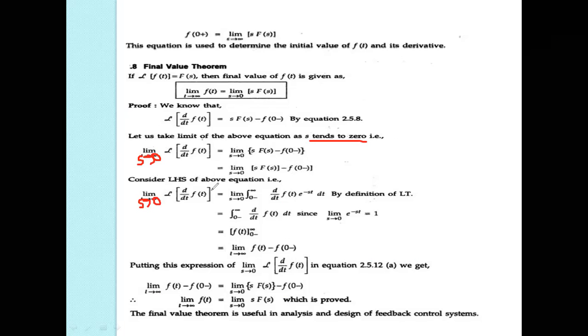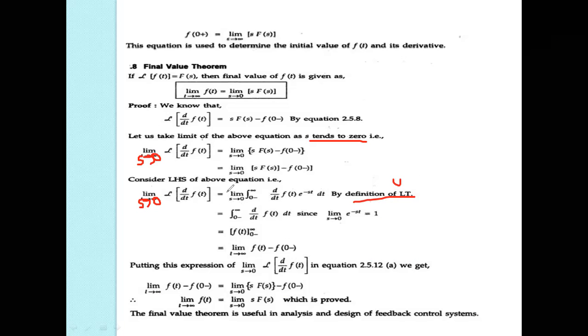Taking the LHS, as we did in the initial value theorem, take the limit s tends to 0 of the Laplace transformation of d by dt of f of t. Using the definition of the Laplace transformation, which is unilateral only, my students, it is the integral from 0 minus to infinite of d by dt of f of t e power minus st dt.